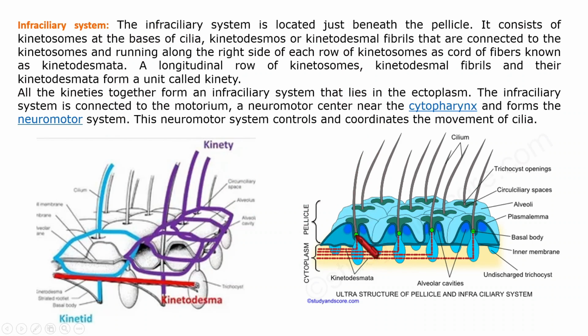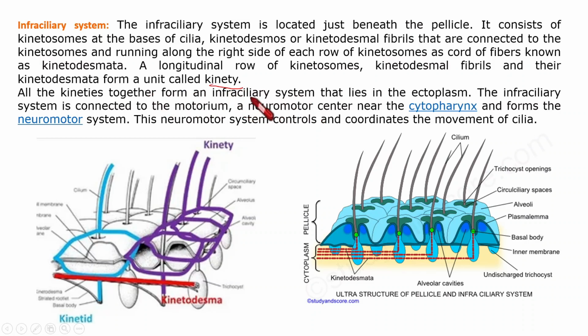Each cilium at its base has a kinetosome, and from that kinetosome emerge kinetodesmal fibrils, and all these fibrils run towards the right side of each kinetosome as kinetodesmata, and these kinetodesmata together form one kinety. And all the kinetics from all the cilia together form the infraciliary system.